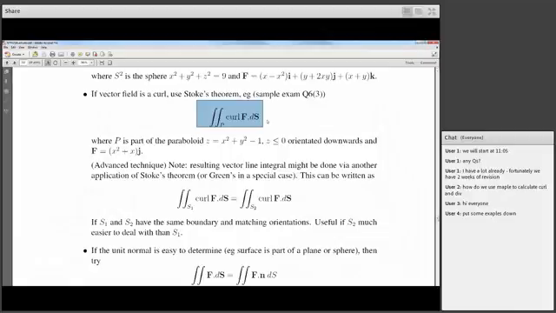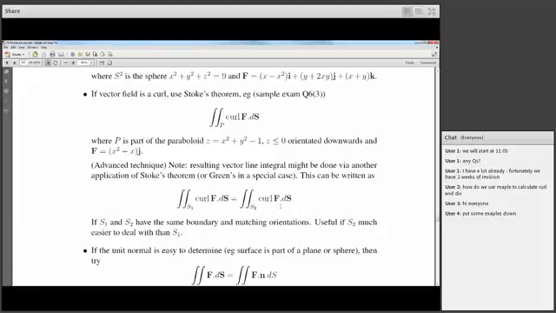Now, in practice, the way to do that line integral might often be using Stokes' theorem a second time. So, an advanced technique, putting it all together: if you've got two different surfaces, S1 and S2, which have the same boundary, and the orientations match up, then the flux integral of the curl over one surface is the same as the integral over the other surface.